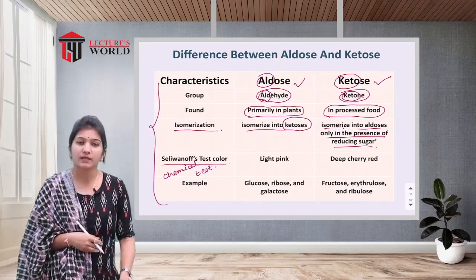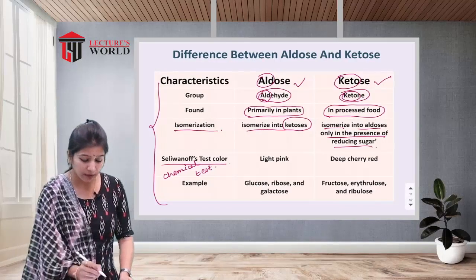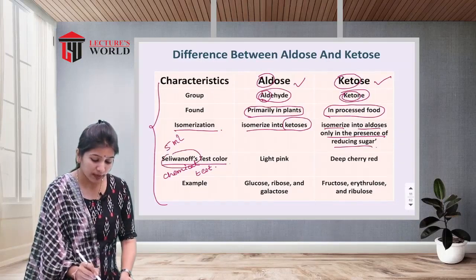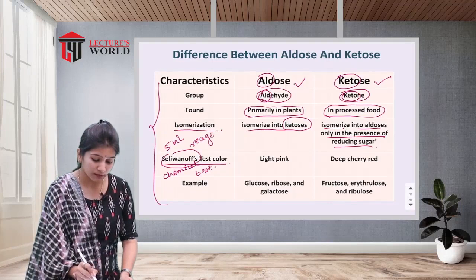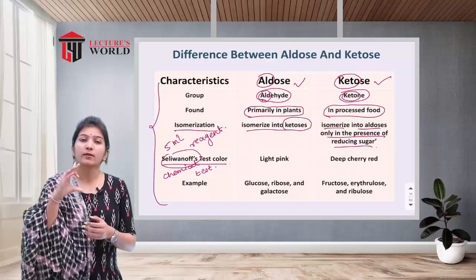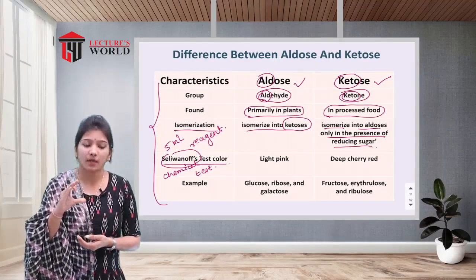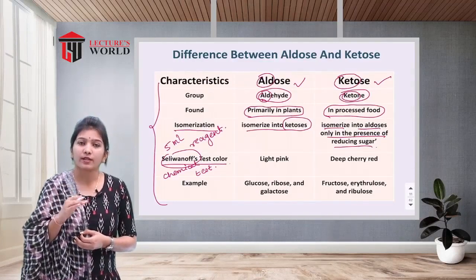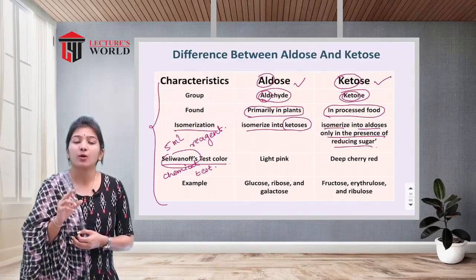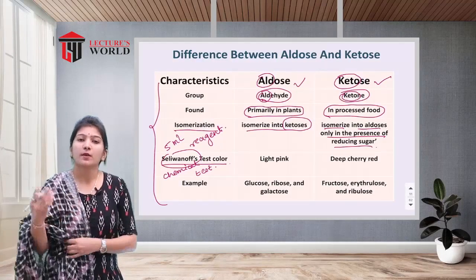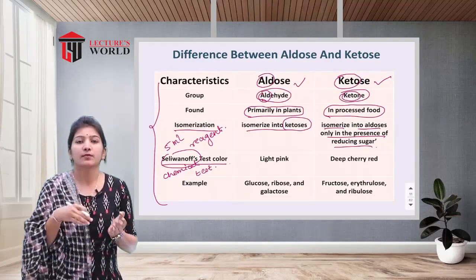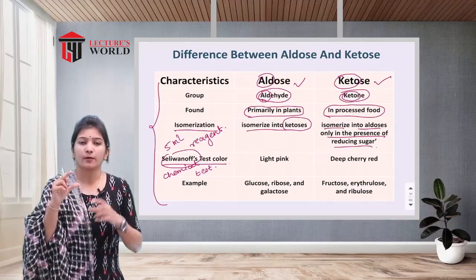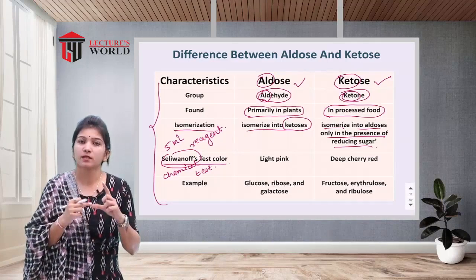In the Seliwanoff test, you need to take 5 ml of Seliwanoff reagent solution in a test tube. After that you need to add 1 ml of sample, whether an aldose sample or a ketose sample, into that test tube with the Seliwanoff solution.